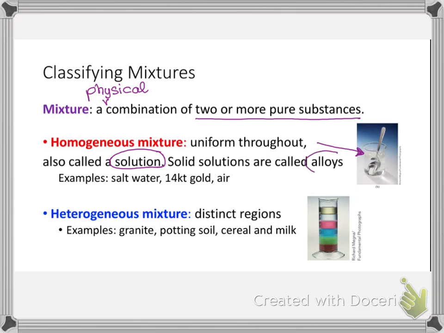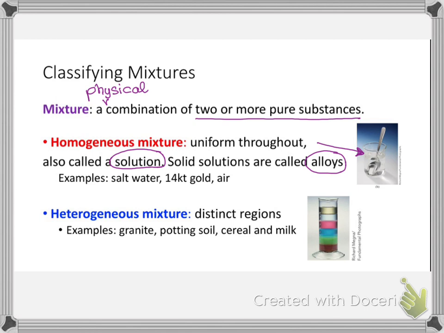Solid solutions are called alloys. So when you mix metals together and you want it to be homogeneous, you have to first put them in a molten state, which is like a liquid metal, mix the metals, and then re-solidify them, and then it will be uniform throughout. So if you see the word alloy, this is a homogeneous mixture of different metals.